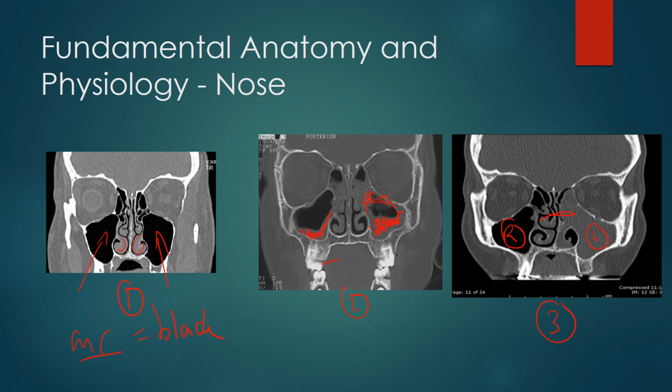nasal carcinoma. So we've actually got some erosion of one of the turbinates here, and the most common carcinoma in head and neck cancer is squamous cell carcinoma, and that would start to erode the bones of the orbit. It's eroded the middle turbinate here, and possibly even the superior turbinate as well from this image.